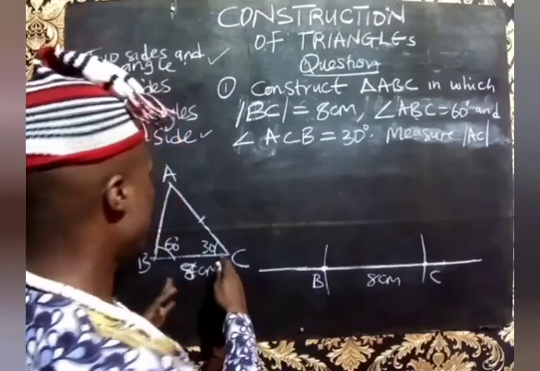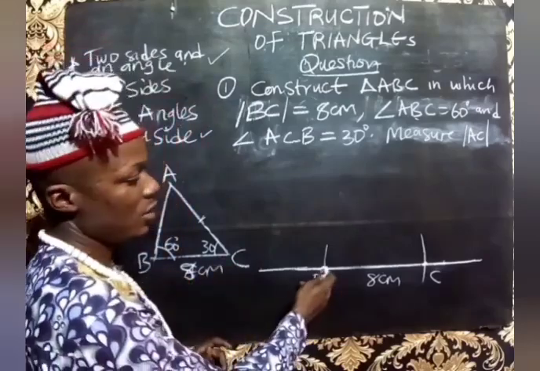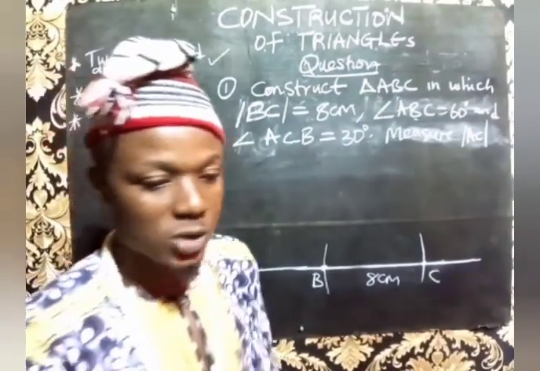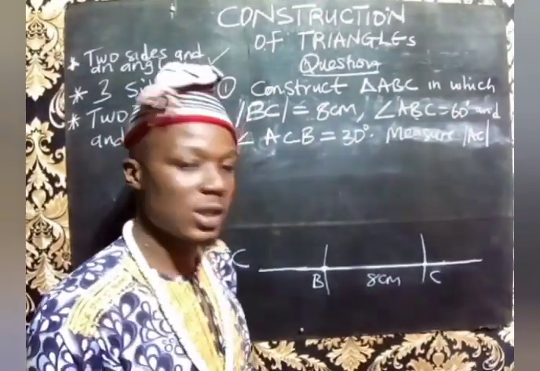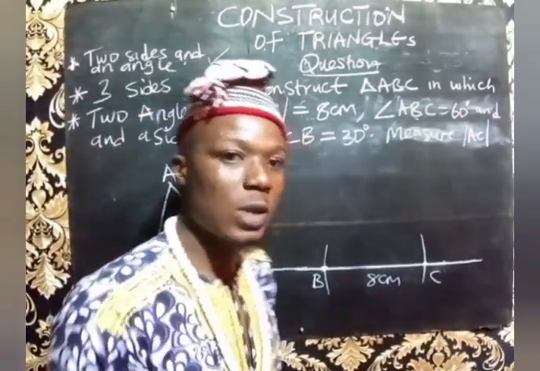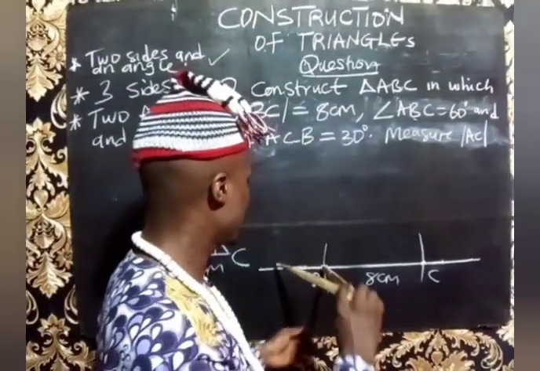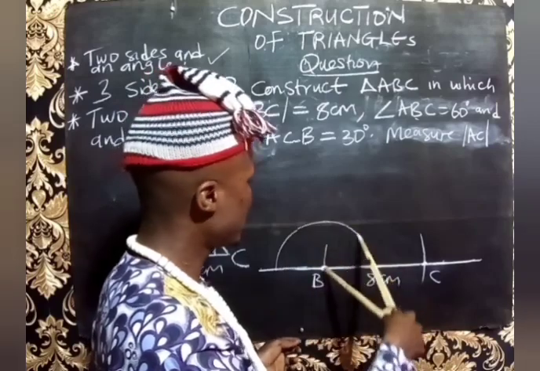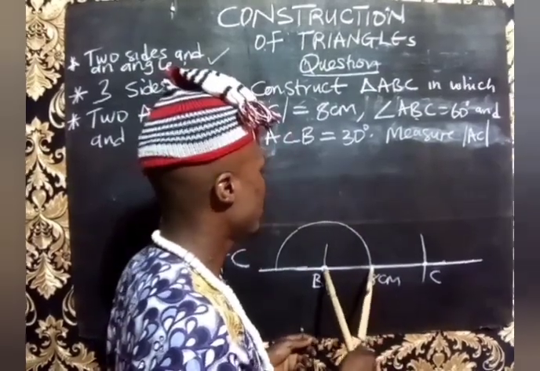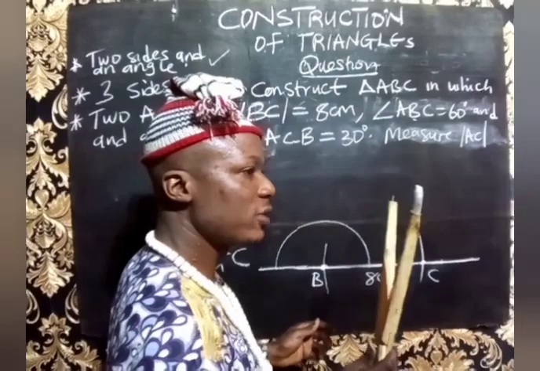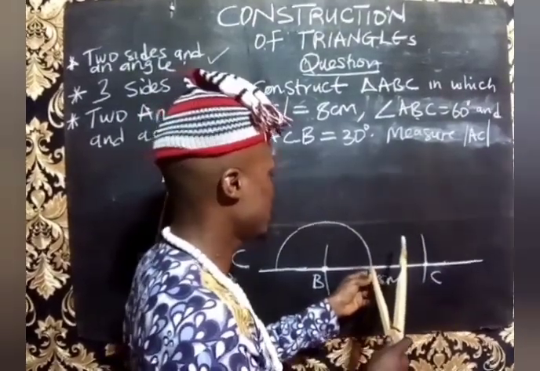Okay, so having done that, we were told that the angle at B is 60 degrees, which is this angle here. So because of that, you've got to construct angle 60 degrees. And remember how I taught you how to do that in the first episode? Place the pin of the compass here and make a semicircular arc. Okay, then remove it, don't shake it. If you shake it, you've altered the size.